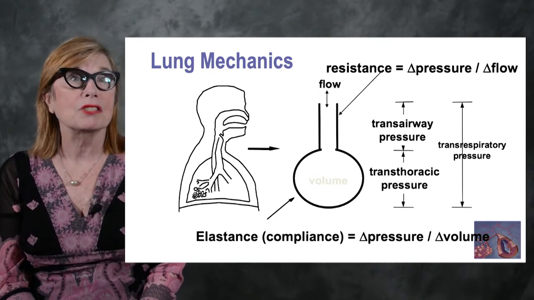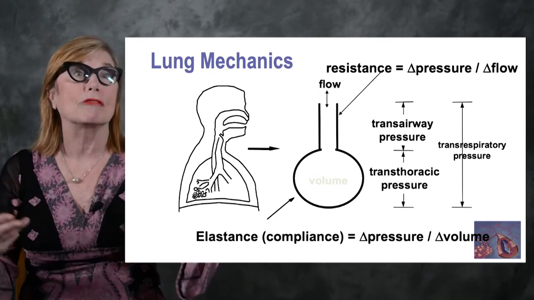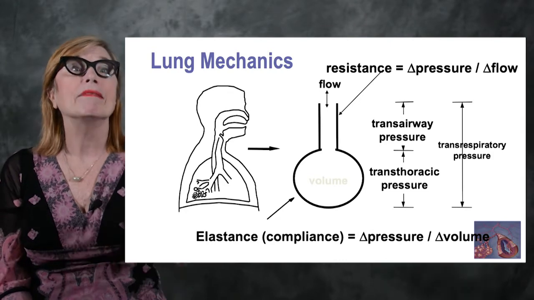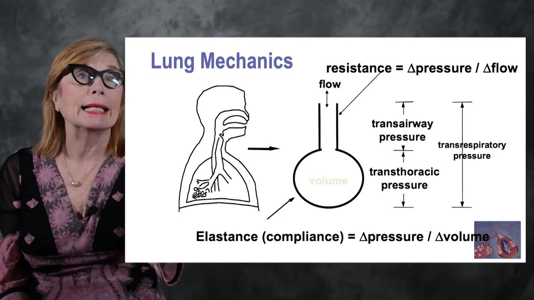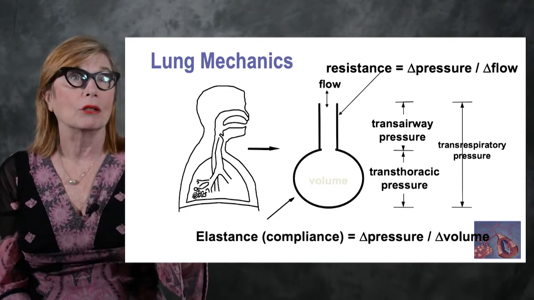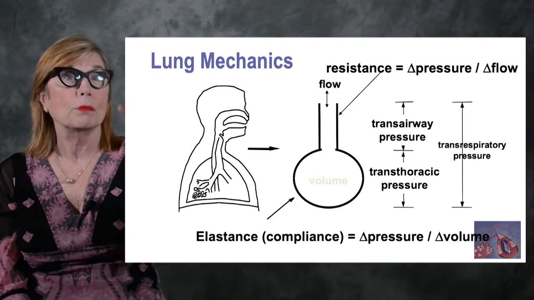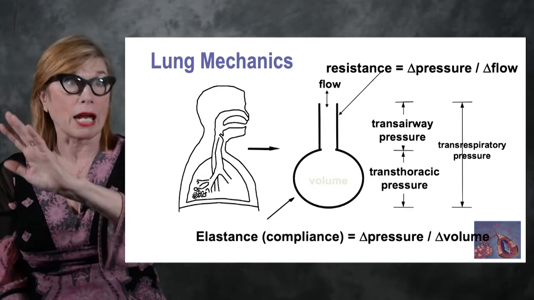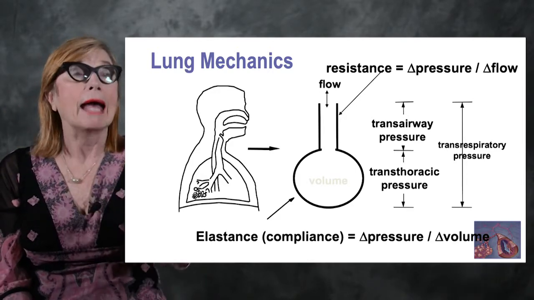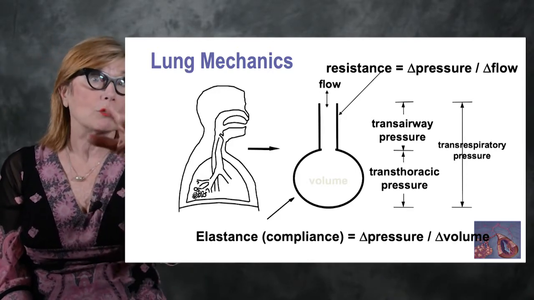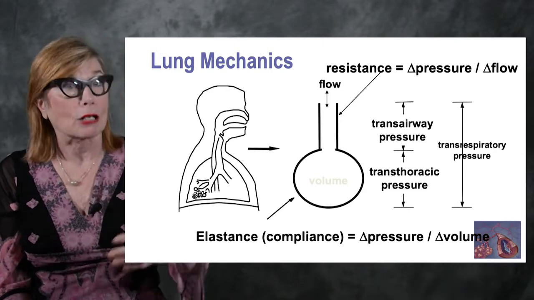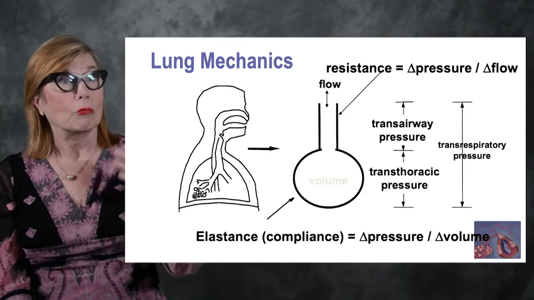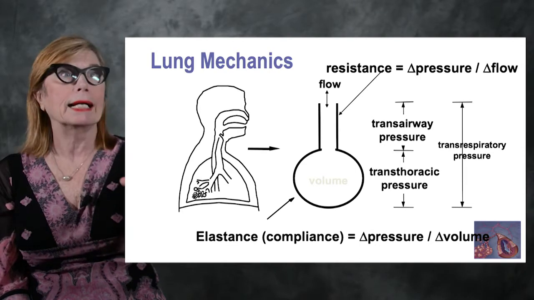We remind ourselves that there is resistance to the flow of gas, and then there is compliance and elastance at the alveolar level. So very important for us to appreciate. Resistance is change of pressure correlated to the change in the flow of gas. And the elastance is the change in pressure divided by the actual volume of gas. So really important. No one's going to test you on this.